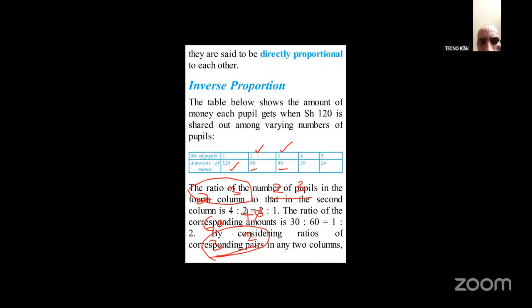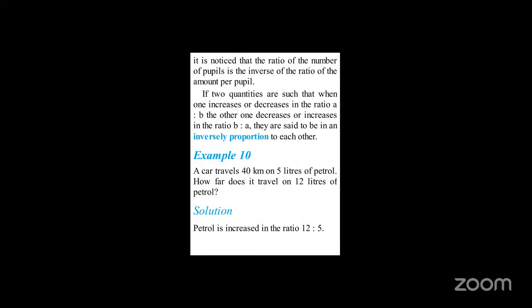Yes. So I want us to look at an example like this one here. Example: a car travels 40 kilometers on 5 liters of petrol. How far does it travel on 12 liters of petrol?